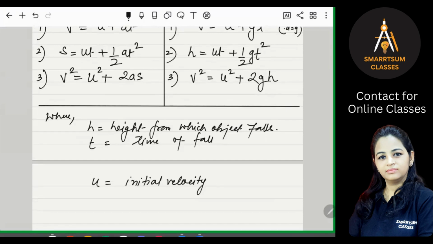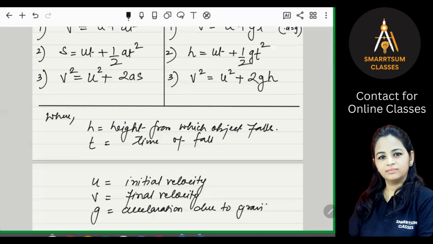So what will be the initial velocity when a body is freely falling from some height? It is always zero, right? v is the final velocity, and g is the acceleration due to gravity. Is that clear?